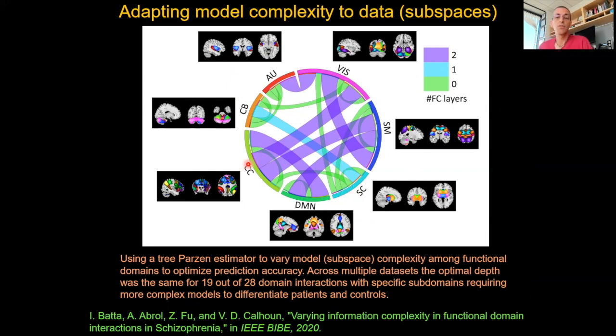So in this case, schizophrenia versus healthy controls. And what we found was high complexity between domains like sensory motor and cognitive control, low complexity within domains, and lower complexity, for example, between cerebellum and subcortical areas. This was also, I should mention, replicated in an independent data set, and we found very similar complexity results when we did that.